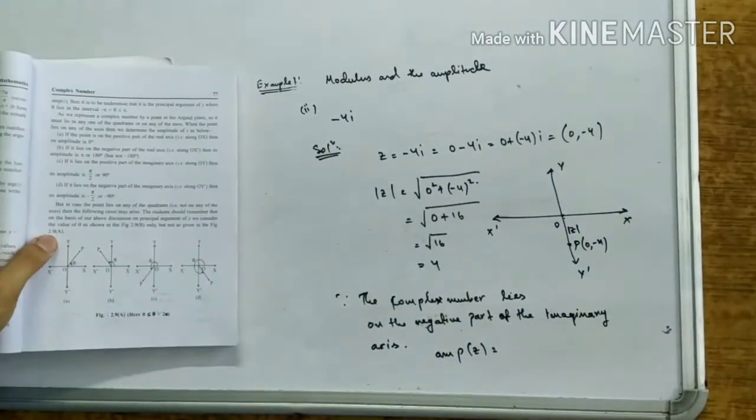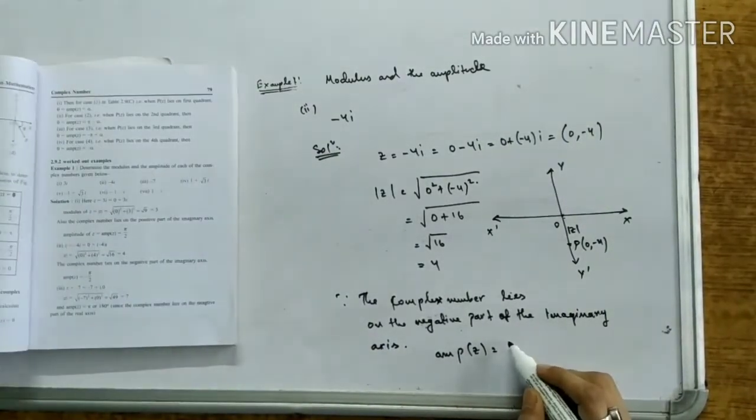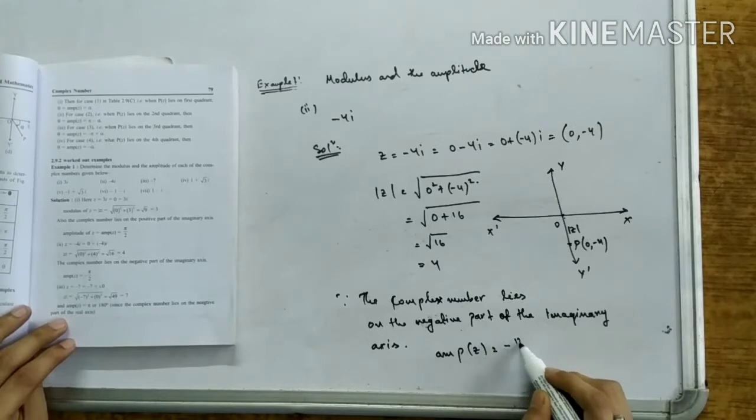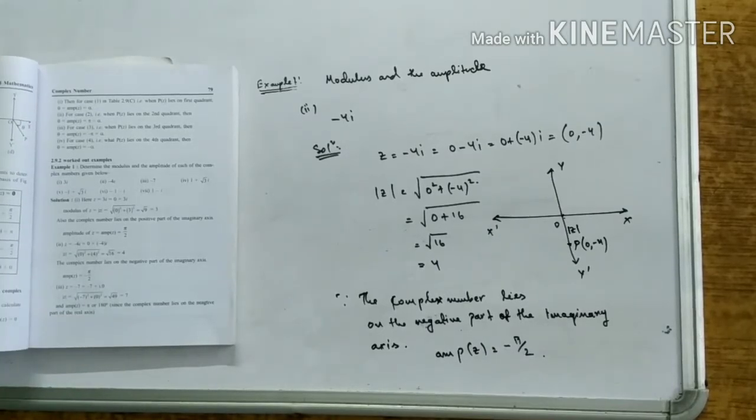So therefore I can say the amplitude of z is equal to minus pi by 2. Understand?